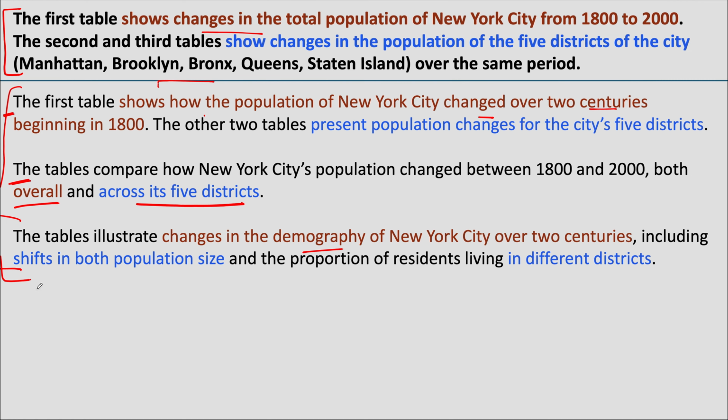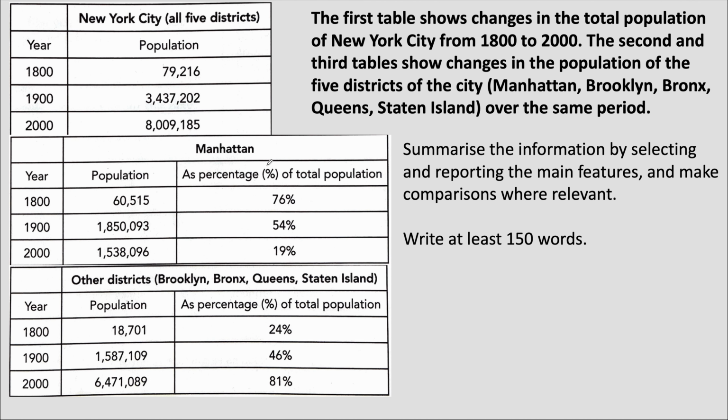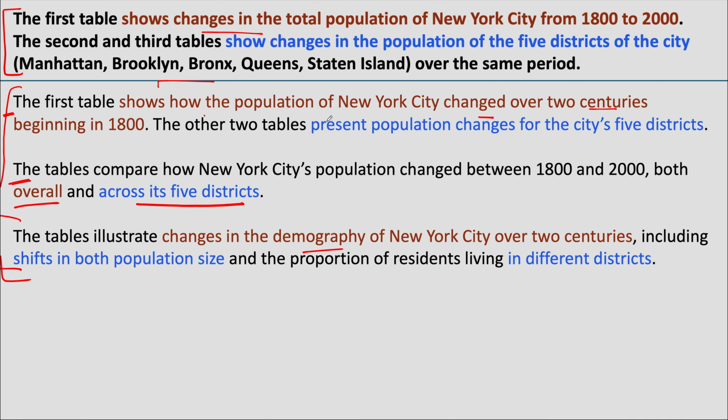You'll also notice something important here. The tables include percentage data for the districts, but the question doesn't say this directly. But because the information is clearly shown in the tables, we are allowed to include it in the introduction. That's why in the third paraphrase, I have mentioned the proportion or percentage of residents living in the different districts.